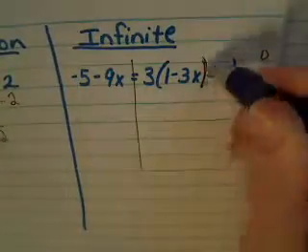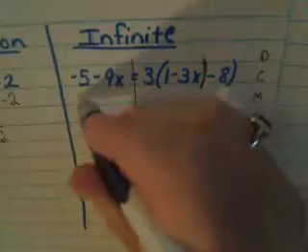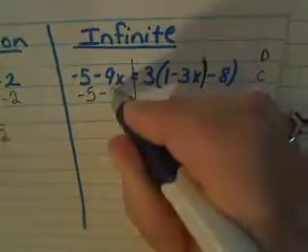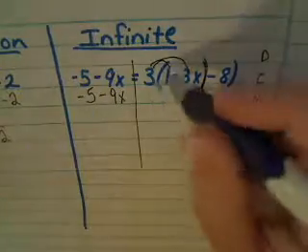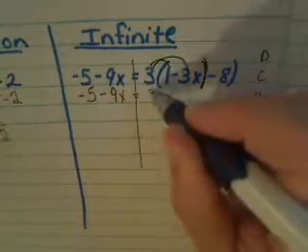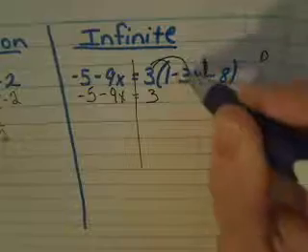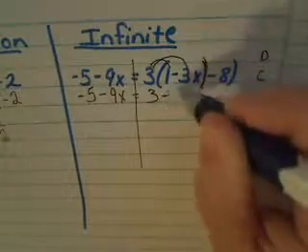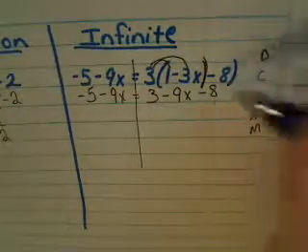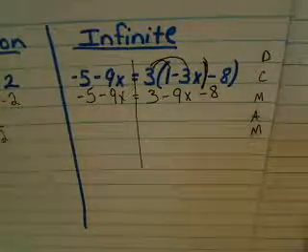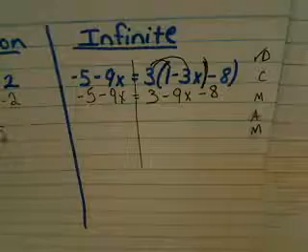Sorry about that. Okay, so this, I just bring this down, a negative 5 minus 9x, and then I'm going to distribute that. So 3 times 1 is 3. 3 times a negative 3x is a negative 9x, and then I just bring down the minus 8. Okay, so that was the distributive.